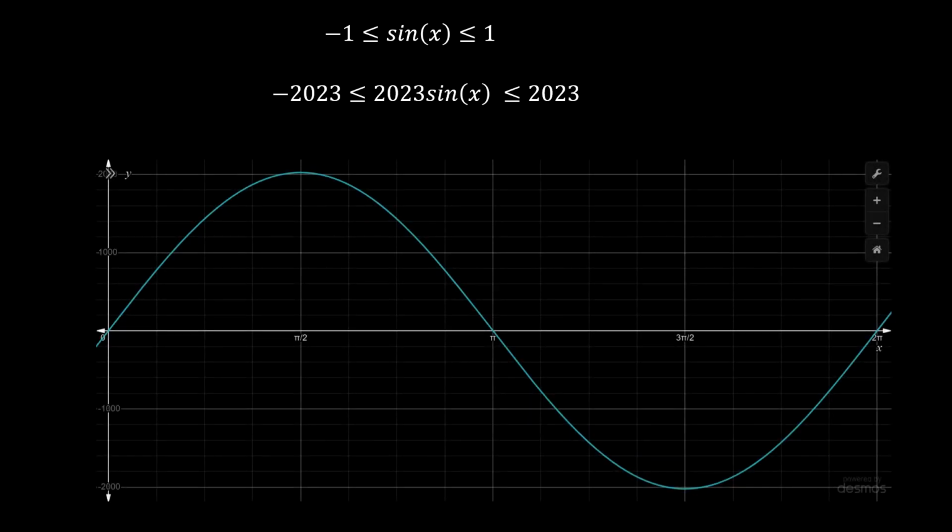It begins from 0 at x equals 0. It hits maximum 2023 at pi over 2, and then 0 at pi, and down to negative 2023 at 3 pi over 2, and back to 0 at 2 pi.